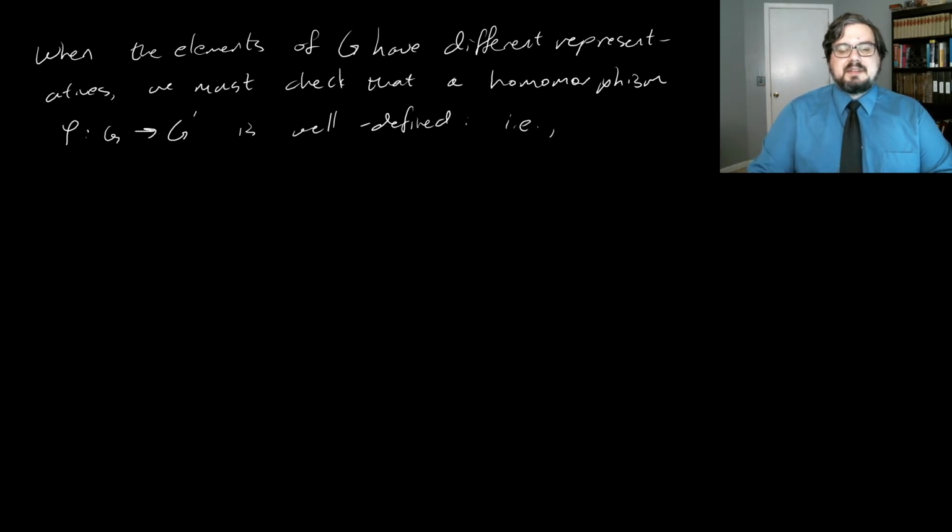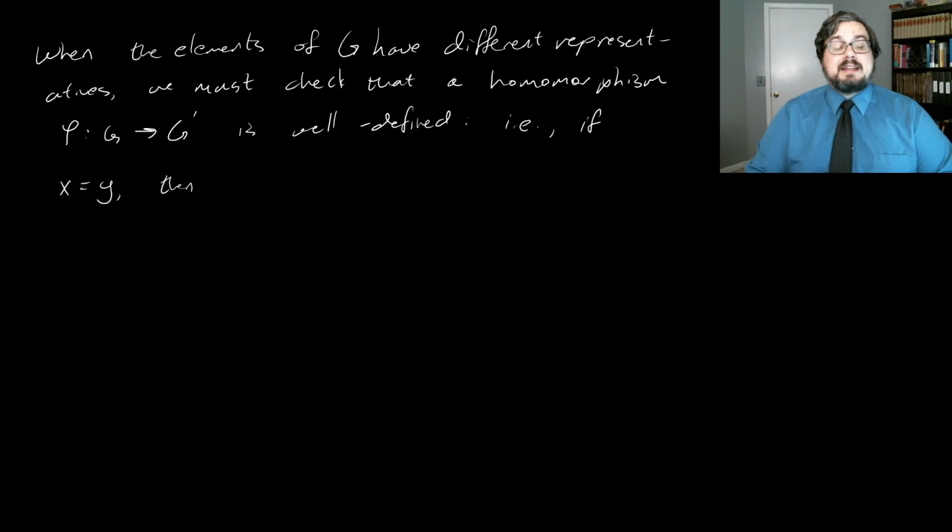That is, we need to check that if x equals y, where x and y are two different ways of writing down the same element of G, then we need to make sure that phi of x is equal to phi of y. Let's see an example where this fails, so that we can know what to be on the lookout for.